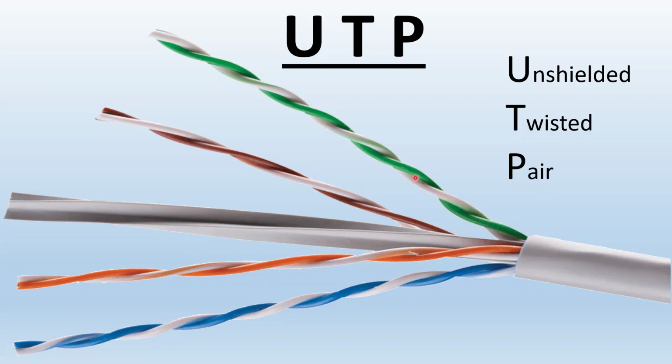All right, so you see here, the pairs are twisted. So the magnetic field around each pair cannot build up the consistency, and thus the power or the energy, to impose itself into another pair. Now, each pair is twisted at a different rate.